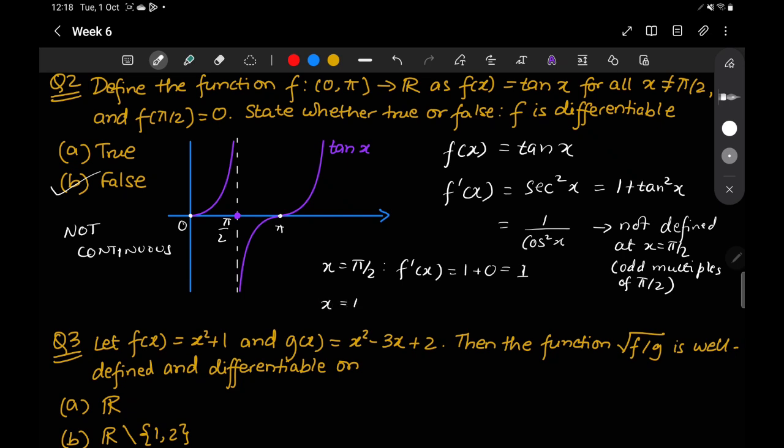Now for the right hand derivative, if we look at pi by 2 plus, and the other derivative will be at x equals pi by 2 negative, the left hand derivative.